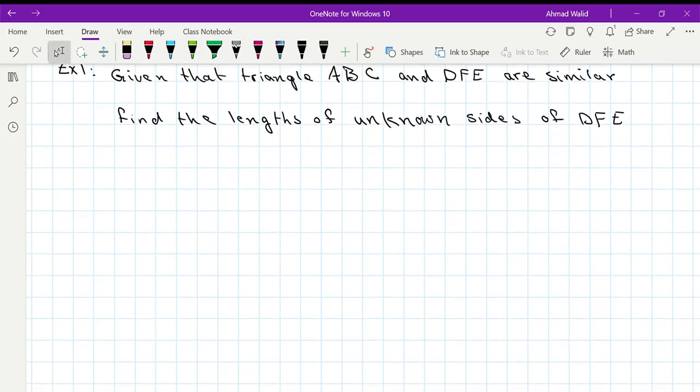I'll try to draw it. I'll copy it from your book. You have one triangle like this. This is your triangle ABC. Let's name it in order in a nice way: A, B, C. Of course, mark these angles like this.